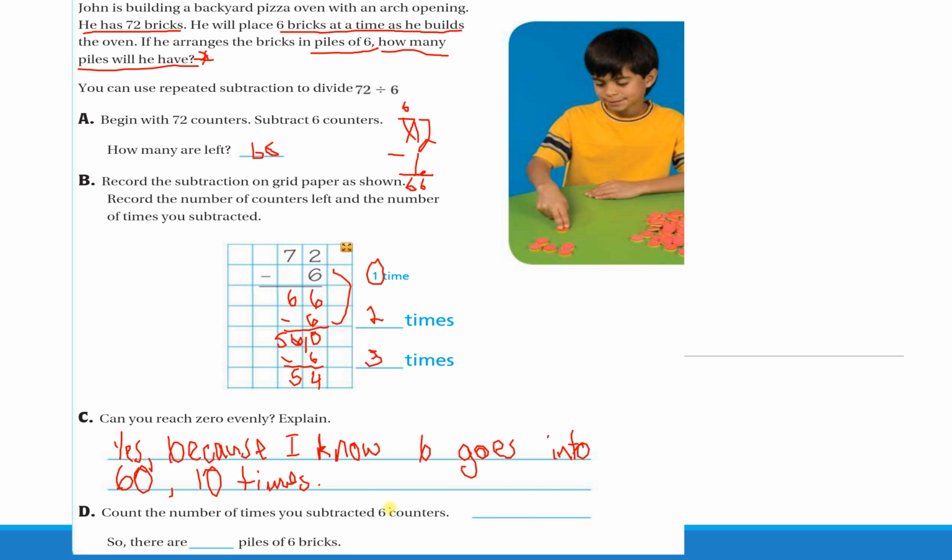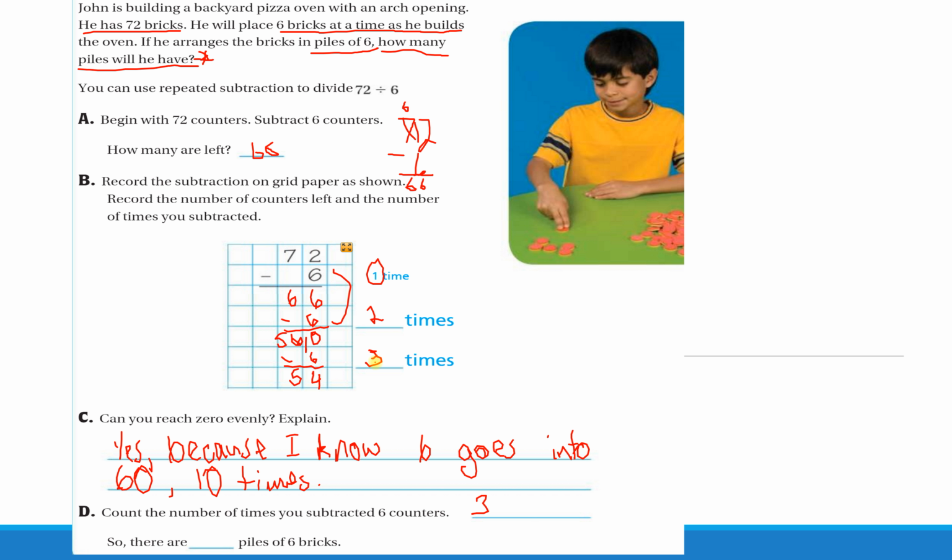Count the number of times you subtracted 6 counters. So we subtracted 6 counters 3 times in this example problem to get to 54. Now I believe what they want here is the exact answer.